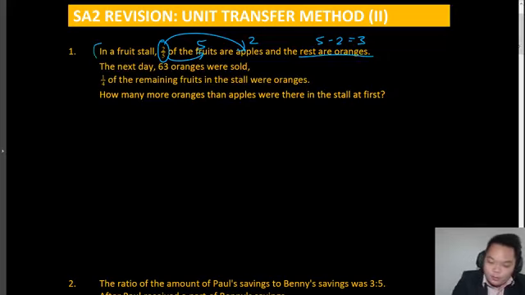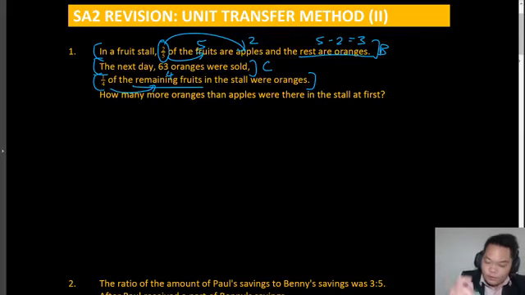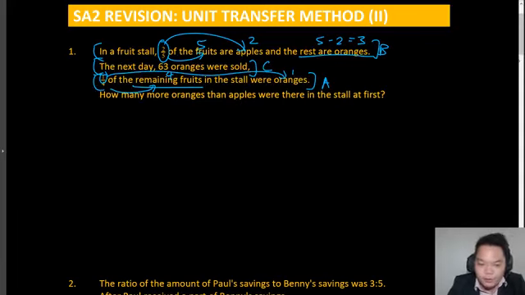This was before anything happened. The next day, 63 oranges were sold. This is the change. And at the end of the day, 1/4 of the remaining fruits in the stall were oranges. So 4 goes to your remaining fruits, and this 1 refers to your oranges.